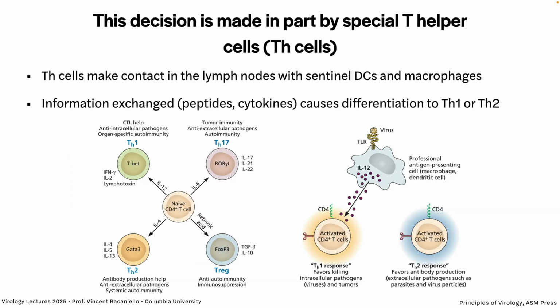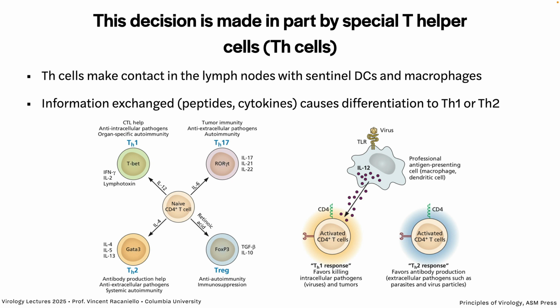Here we have, in the lymph node, certain kinds of TH cells. I've already told you about CD4 helper cells that interact with the dendritic cells that are presenting antigen, and they stimulate the production of antibodies and T cells. But here we're going to get a little more granular, and we're going to look at different kinds of TH cells.